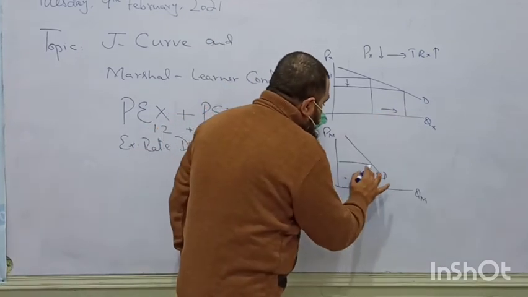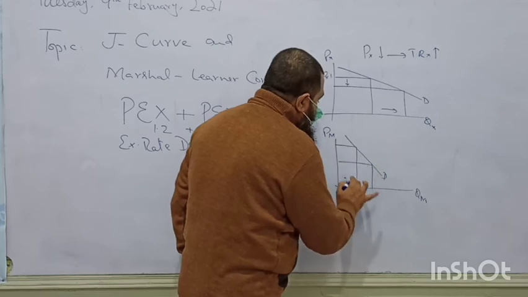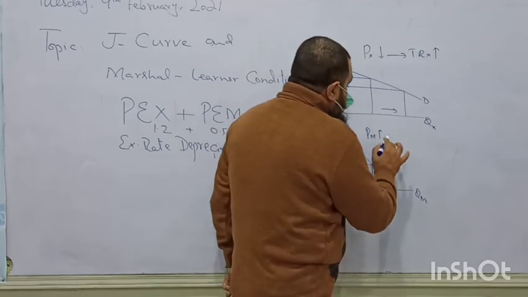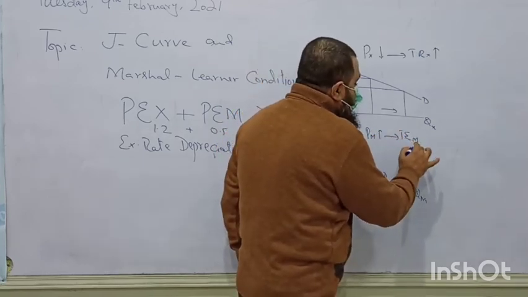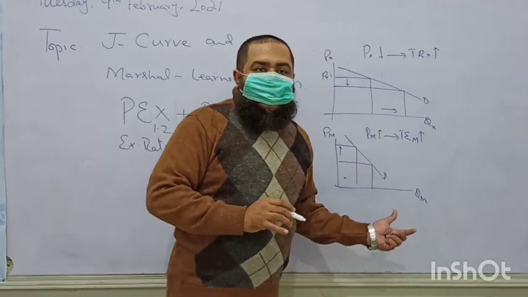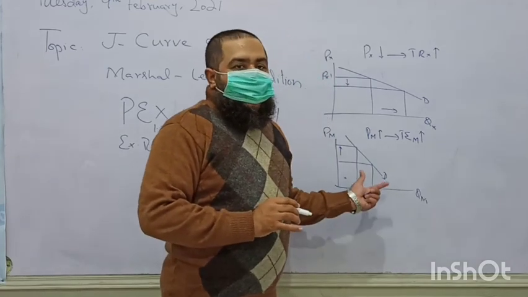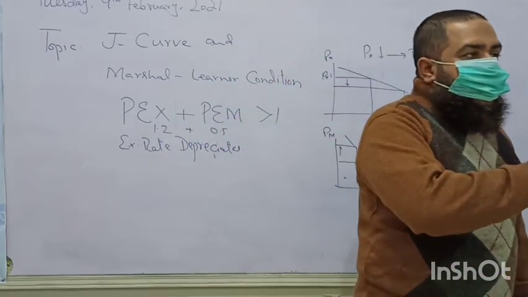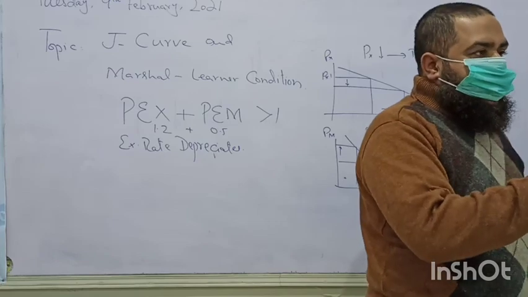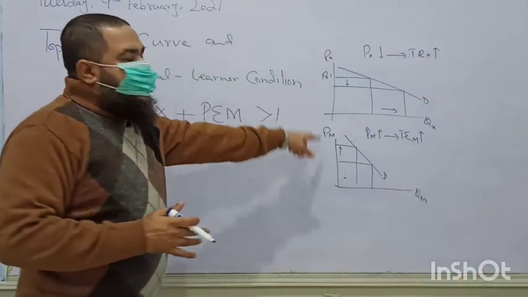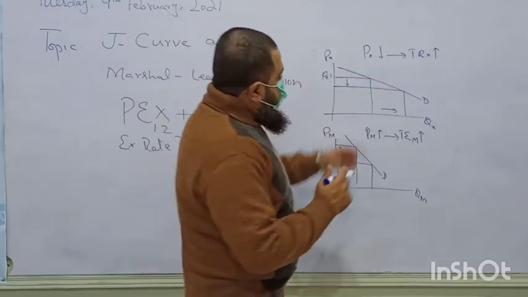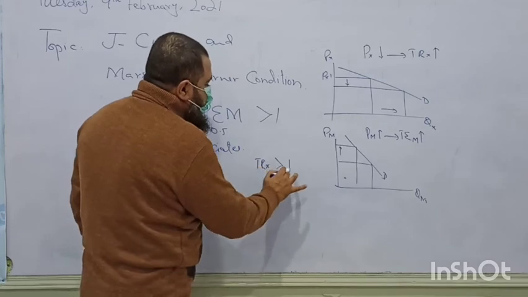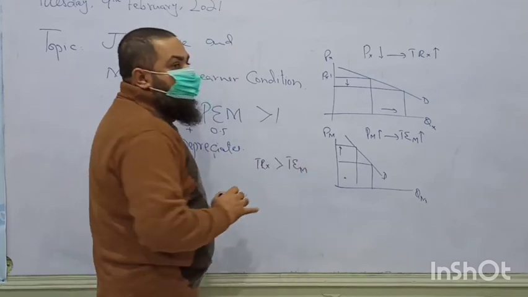So here import prices will rise, price of import is increasing, and total expenditure on imports there will also be increasing because it is inelastic demand. If it would also be elastic one, then a small increase in import prices will reduce the import expenditures by more proportion. But right now I am taking one elastic, another is inelastic. This increase in total revenue of exports is greater than total expenditure on imports.